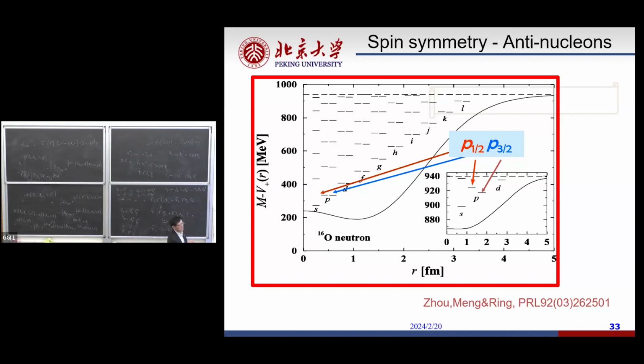So that's how we plot this figure. And then if you check carefully, you will find the spin orbit splitting for the antineutrons is much smaller than the splitting in the neutron single particle level.